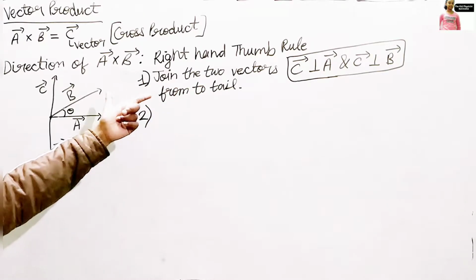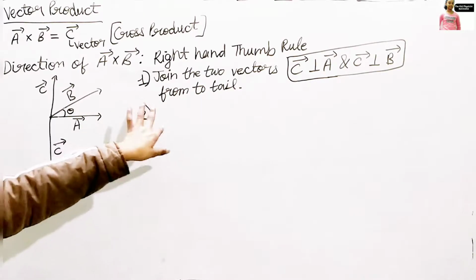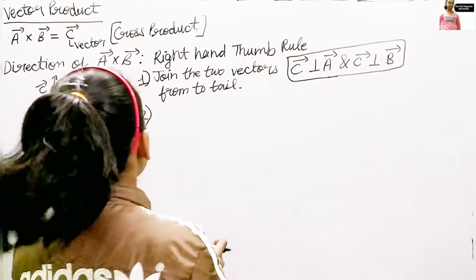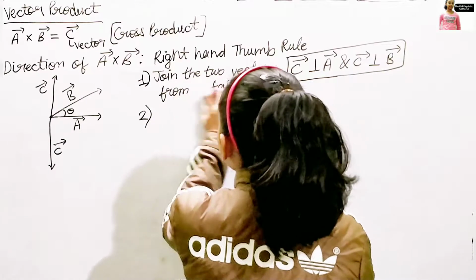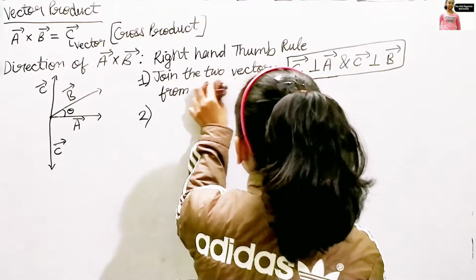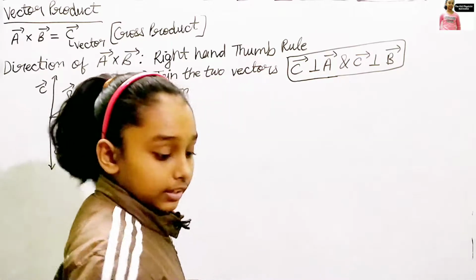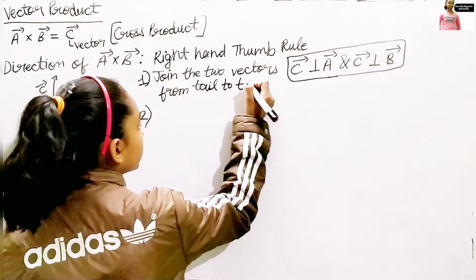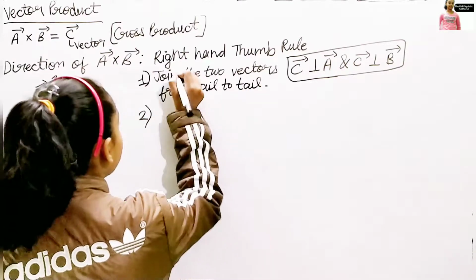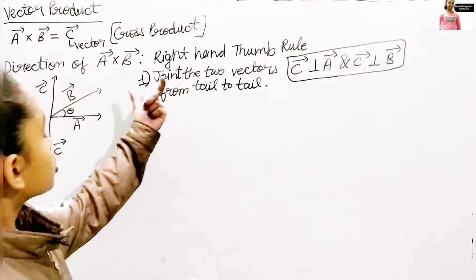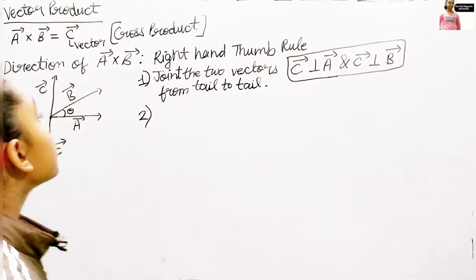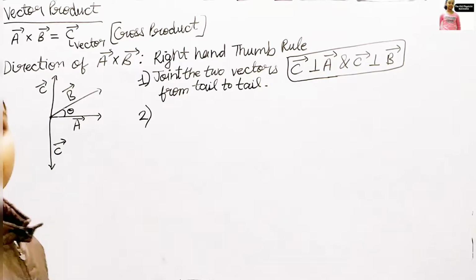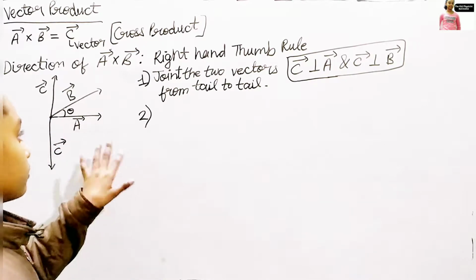Sorry, I forgot to write tail. So join the two vectors from tail to tail. We can see that these two vectors are already joined with each other from tail to tail, so we don't have to do anything. Let's proceed.